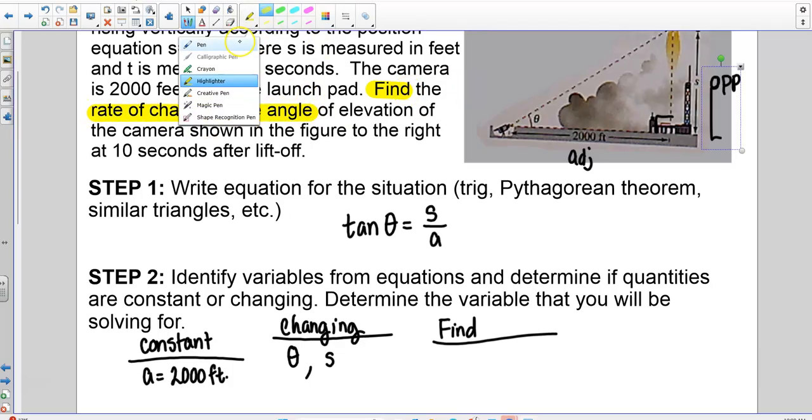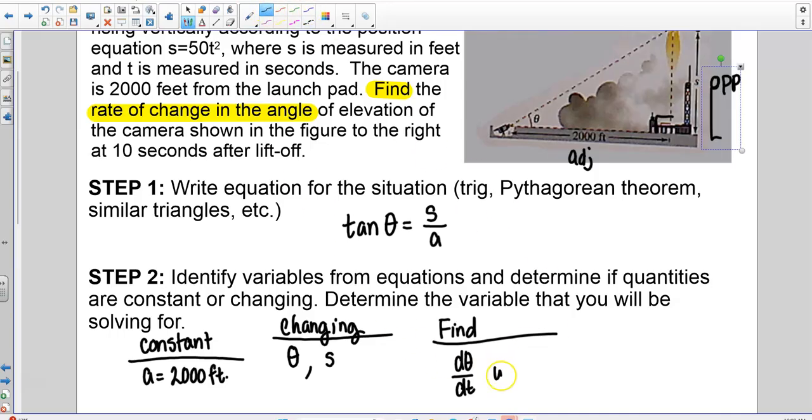What's that going to be? d theta dt. The rate of change in the angle of elevation of the camera, shown in the figure to the right, at t equals 10 seconds. So d theta dt when t equals 10.